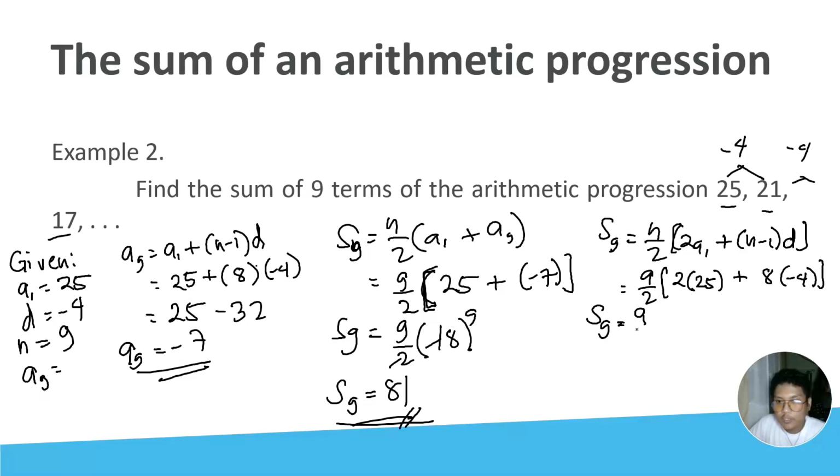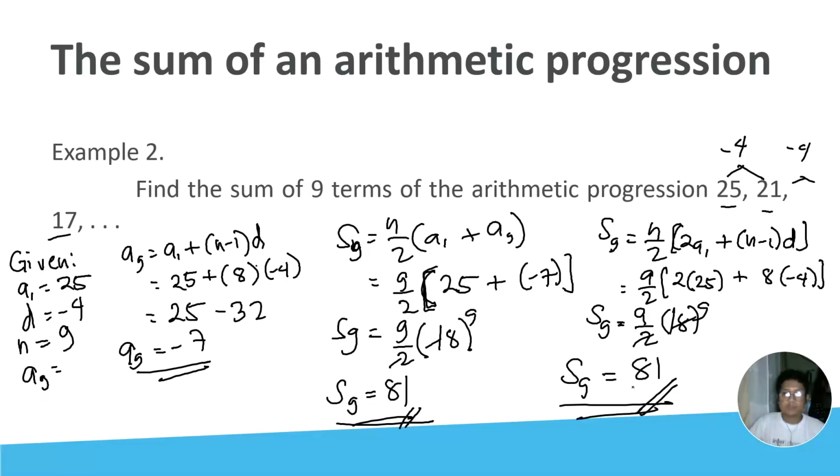Evaluate natin ito. 2 times 25 is 50, minus 32. 50 minus 32 is 18. Okay, tingnan ulit. 9 times 9 is 81. Correct.